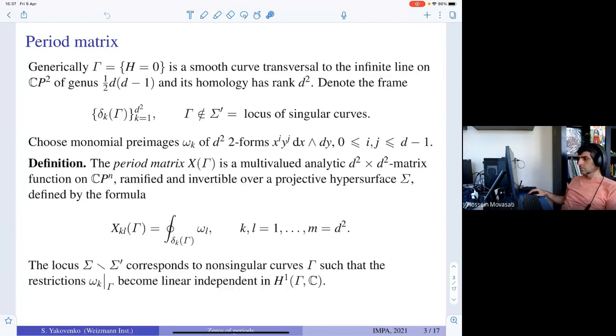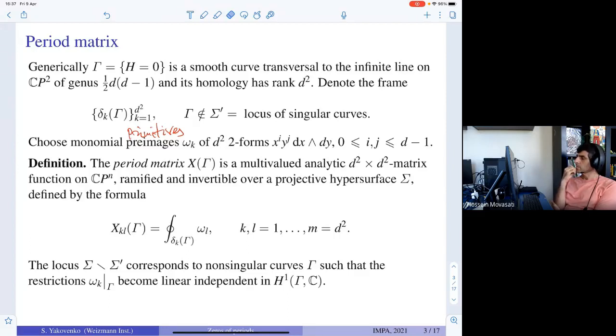And in the same way, we can choose a basis in the differential forms. We consider d square differential forms. For each one, we took, say, a monomial, well, I wrote pre-images, it should be primitives. And of course, as long as I choose one primitive instead of the other, the period will be the same.